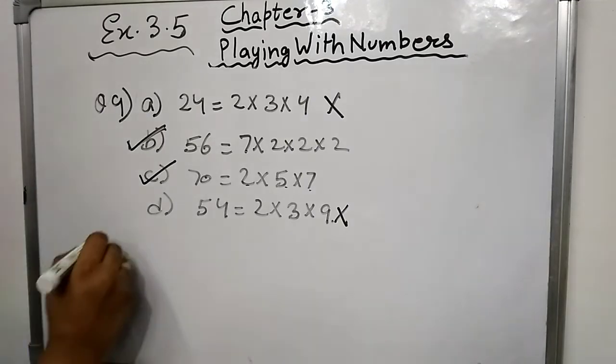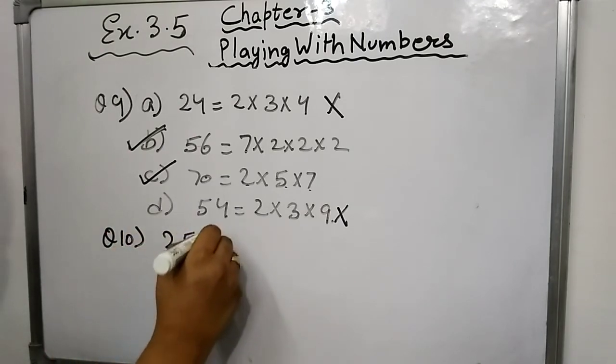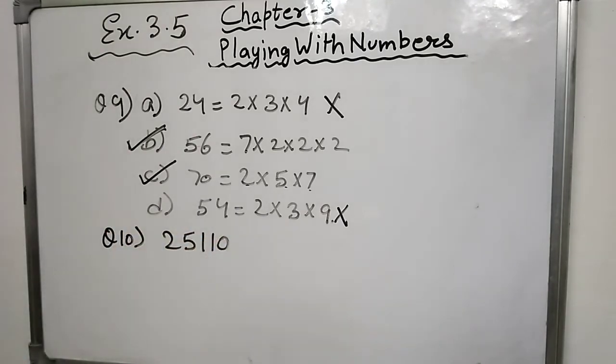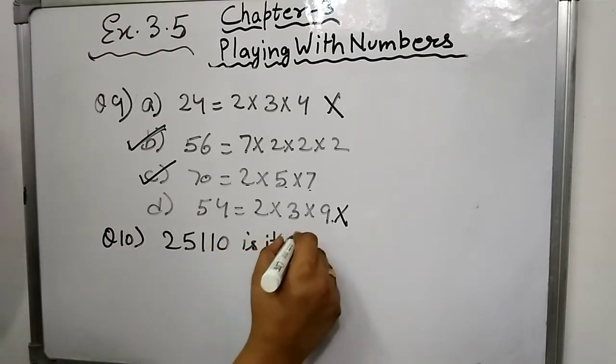Now question number 10. It is asking about a number that is 25,110. Is it divisible by 45?